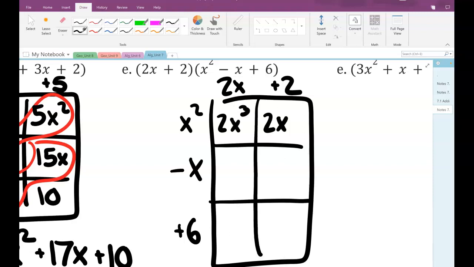This would be 2x squared. This is minus 2x squared. This is negative 2x. This is 12x, and this is 12. Again, I'm just multiplying my coefficients together and adding my exponents.